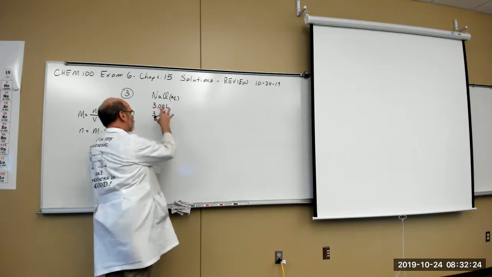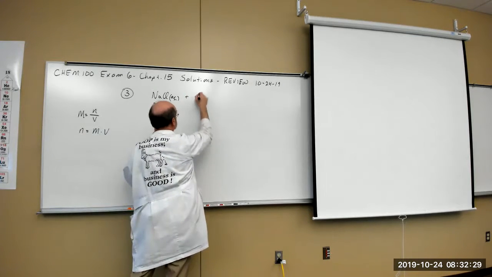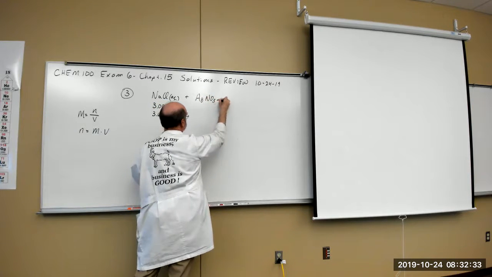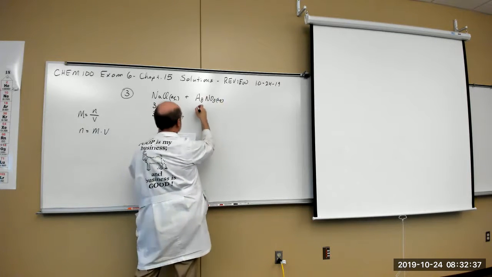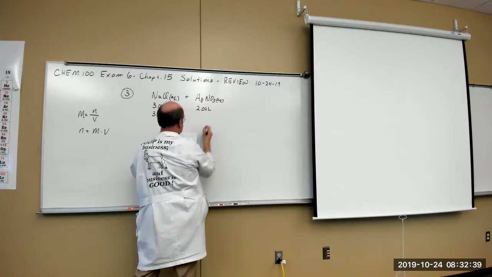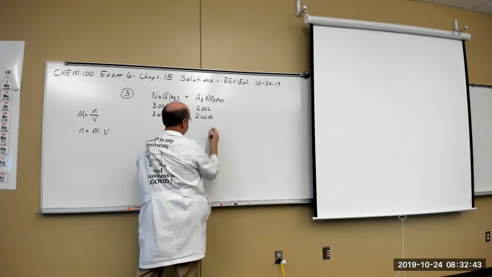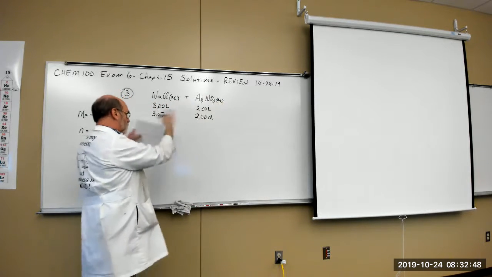And we're going to mix that solution together with this one, silver nitrate. And its particulars are 2 liters of 2 molar. Okay? And the final solution, the mixture of this.